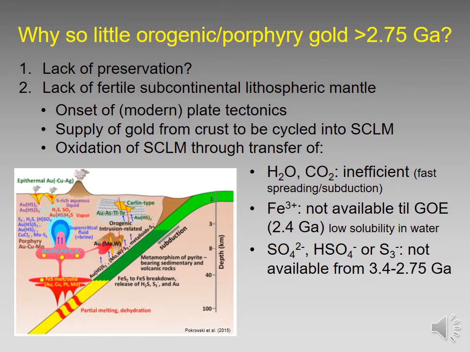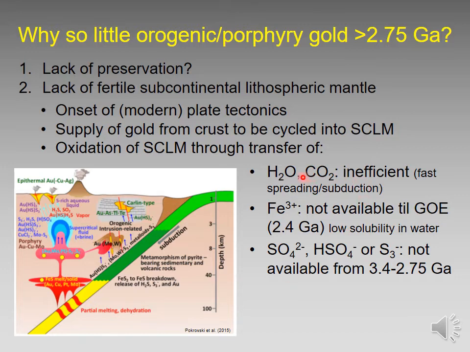Plate tectonics help, of course, to change the composition of the subcontinental lithospheric mantle. We need to fertilize the subcontinental lithospheric mantle in order to get good metallogenetic provinces on top of it. And to do this, we usually need to oxidize the subcontinental lithospheric mantle. Now, this oxidation can take place through a series of different agents.